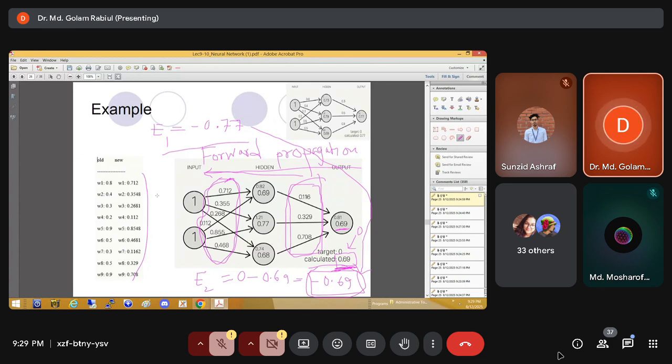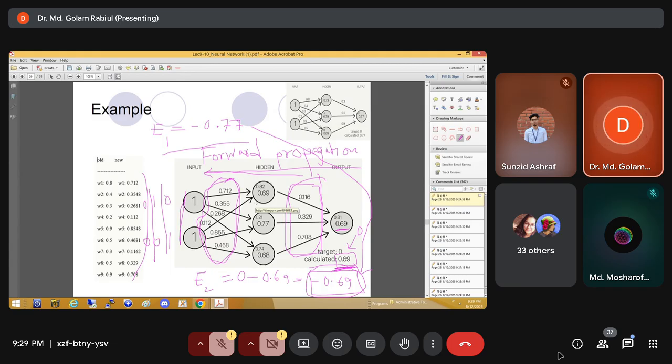The learning philosophy we have used here is called sequential learning. That means one input at a time. We have just taken one input, and then we consider the next input like 0, 1, and then another input like 1 and 0, and then another input 0 and 0. Every time we need to update the weights.